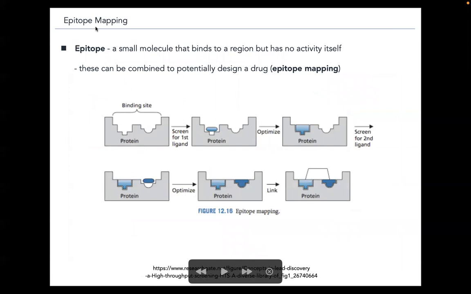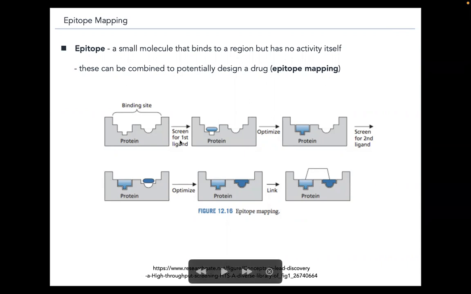Right. So this whole area is now called epitope mapping. You have this epitope, right? It's a small molecule that binds to a region but has no activity on its own. Then they can be combined to potentially design a drug, and that's generally called epitope mapping. You're mapping out the active site of the protein, right?